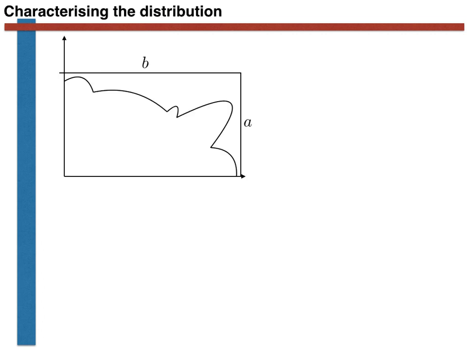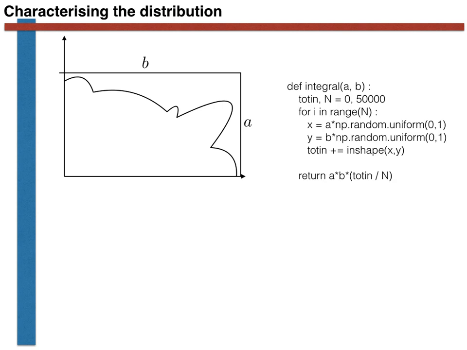We've been learning how to compute integrals using Monte Carlo sampling. In other words, we have been learning how to calculate the area under a curve like the one shown here. A function that uses Monte Carlo to calculate this integral is now shown on the right-hand side of the slide. This function works by generating pairs of uniform random variables that lie in the rectangle with base length b and height a that is indicated in the diagram.